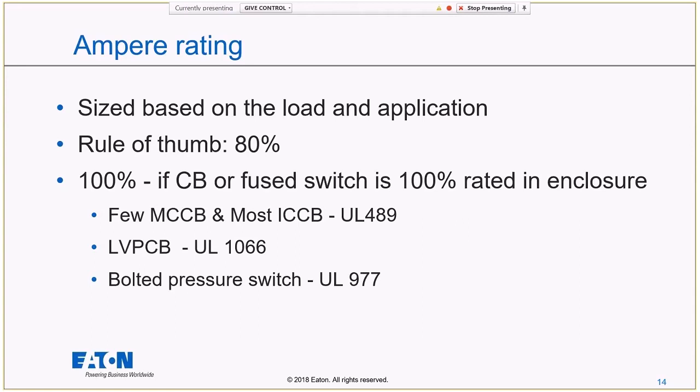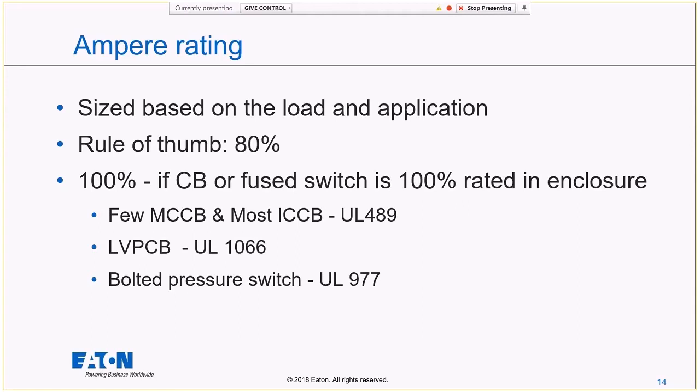Fuses are actually 100% rated by themselves, but putting them in a holder or a switch typically makes them 80% rated. So if you need a 100% rated fuse, you get it in a 100% rated holder or switch. A bolted pressure switch is an example of a 100% rated switch.